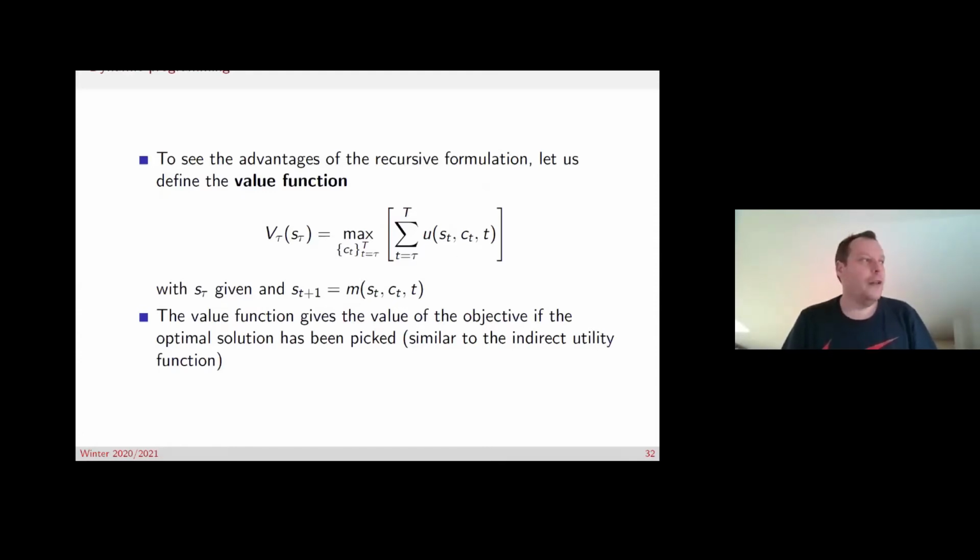So in this situation, it wouldn't make too much sense to think about optimal control sequences, because you knew, well, I have an infinite amount of time, so it doesn't really matter anymore.